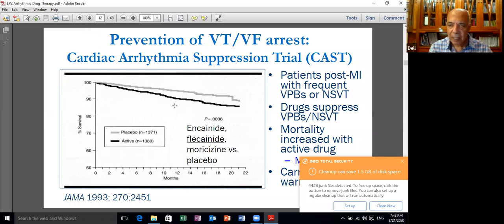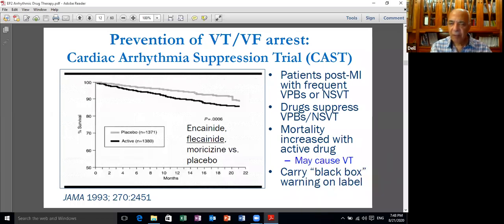What happened is that these drugs were applied in a run-in phase, in which they successfully suppressed the PVCs and the non-sustained ventricular tachycardia. But instead of saving the patients from mortality, mortality was actually doubled by the use of these drugs. So this was a big discovery at that time, indicating that patients should not take any of these drugs.